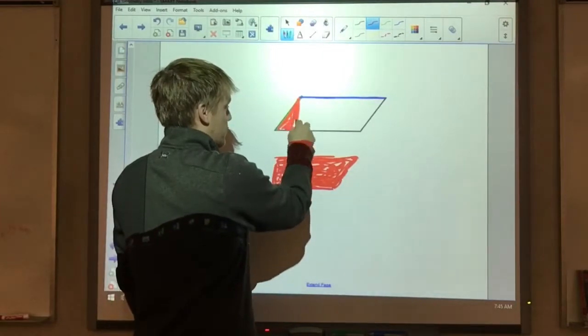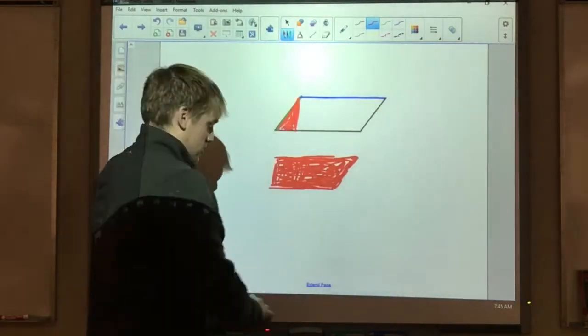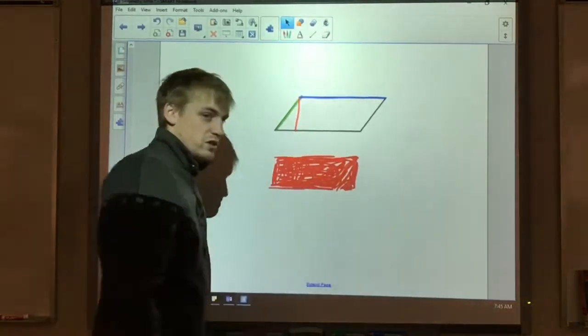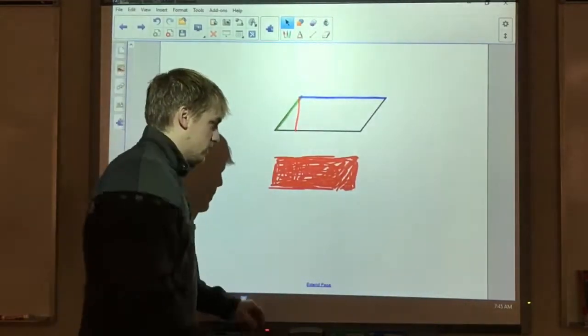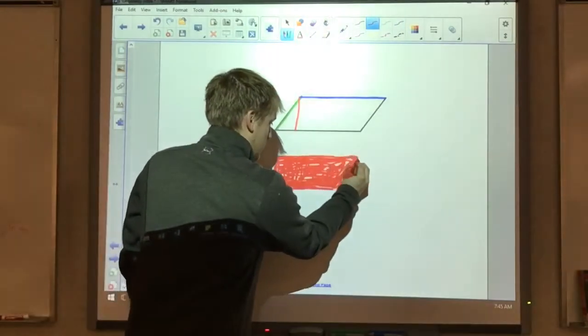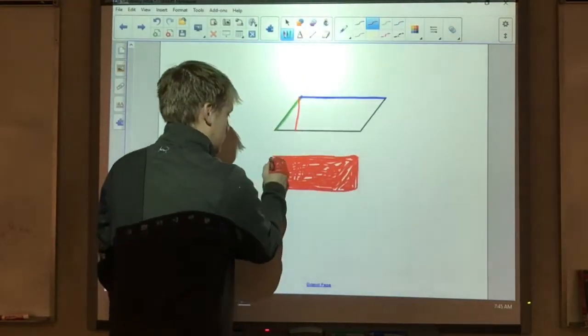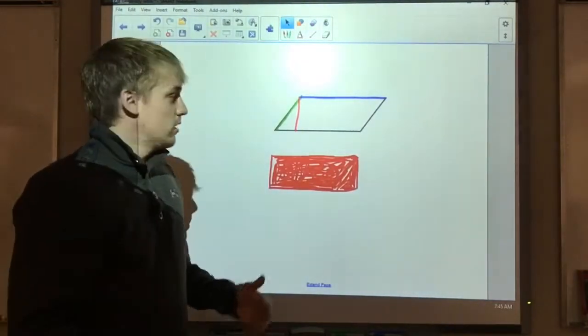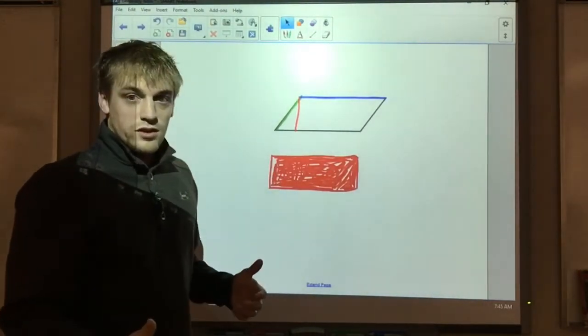So I'm going to chip this piece off, and I put that right here. What does that look like? Well, that looks like a rectangle.